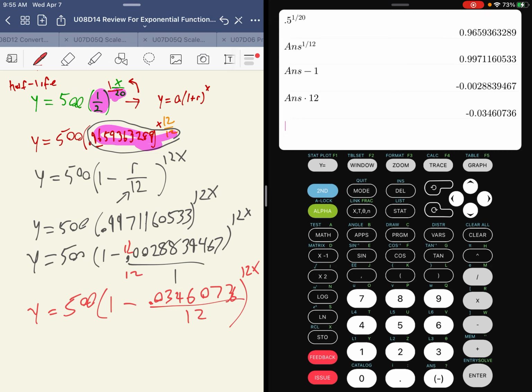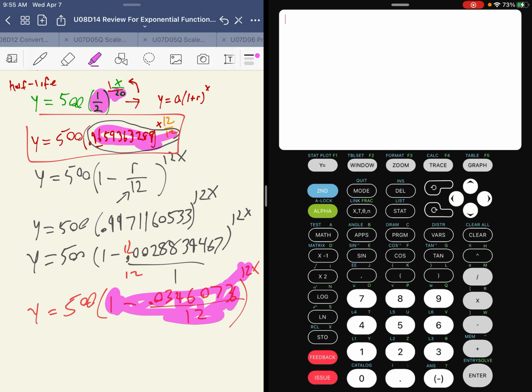So now we're going to change it to a continuous rate. A continuous rate is best if we start off with the annual rate. So to convert monthly back into annual, we're just going to take everything inside of this parenthesis and simplify it using our calculator. So we're just going to write 1 minus, let me put a fraction here, that'll be more helpful.